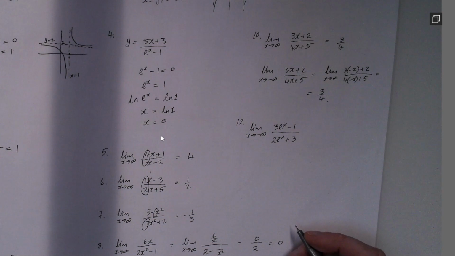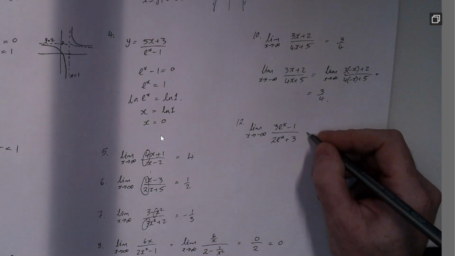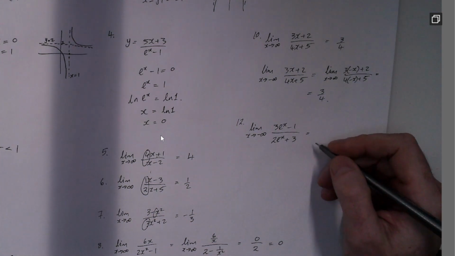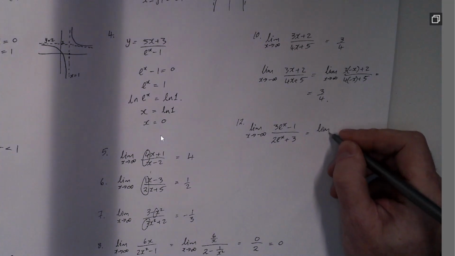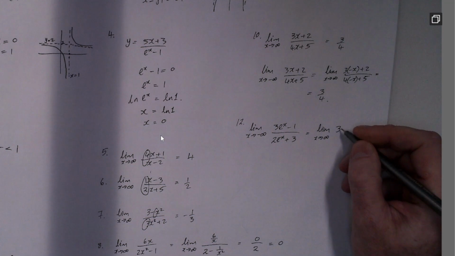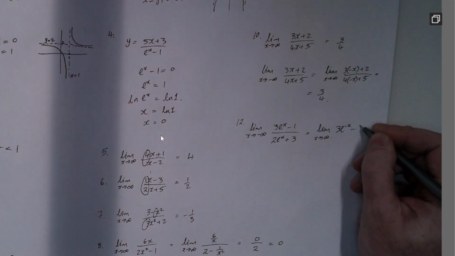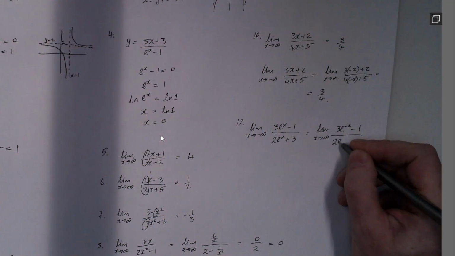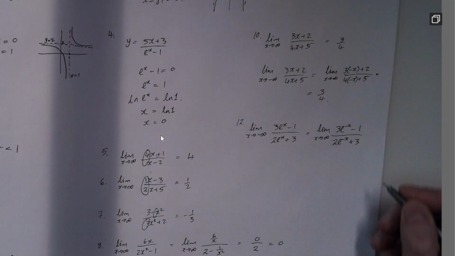So could you do the same at infinity? And actually x could be minus x. So the limit as x goes to infinity of 3e^(-x) minus 1 over 2e^(-x) plus 3.